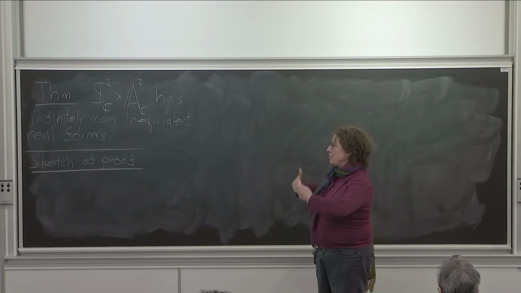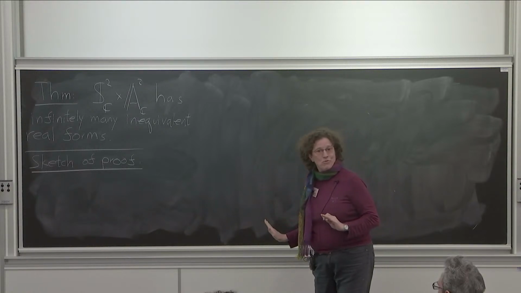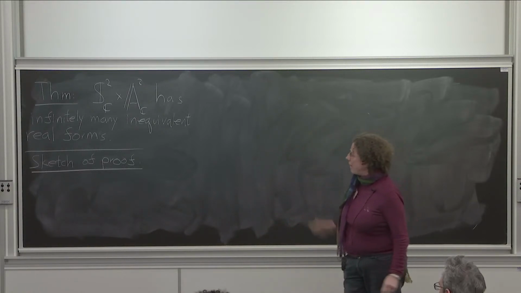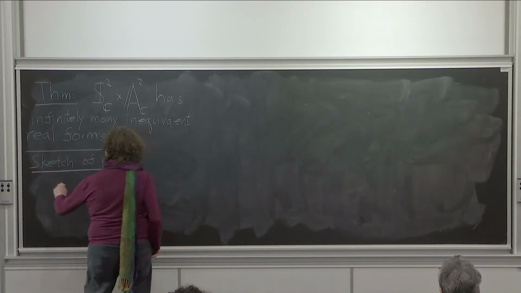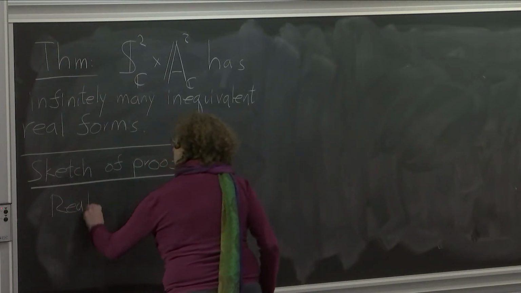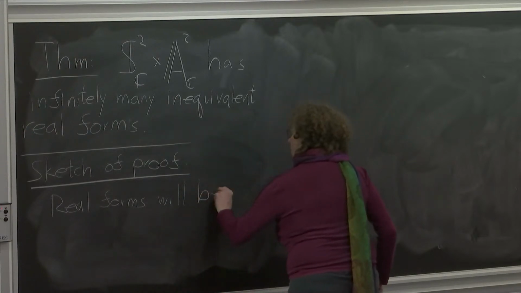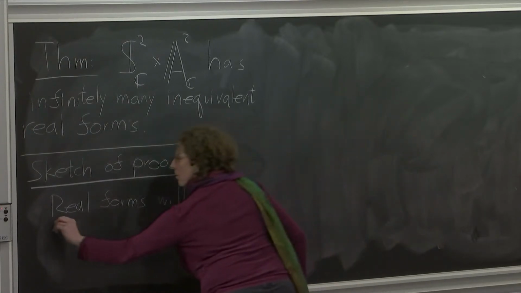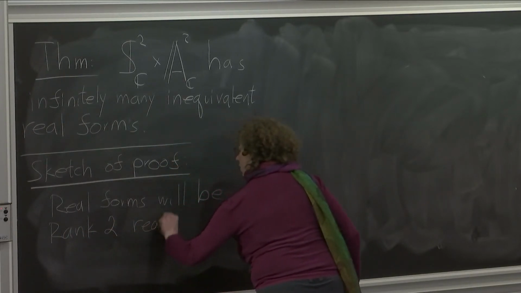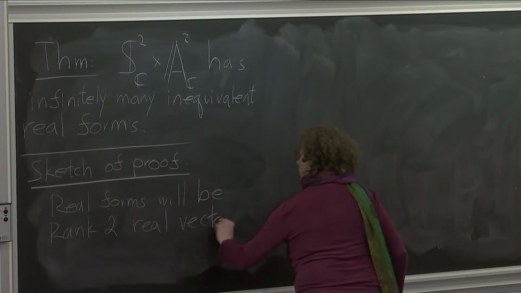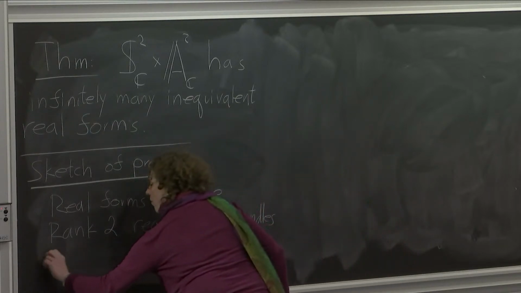There are several places where calculations have to be made which are not difficult but are a little long, so I won't do them. But I'll give you the idea behind how to do this proof. So the idea will be the real forms will be rank 2 real vector bundles over the real sphere.